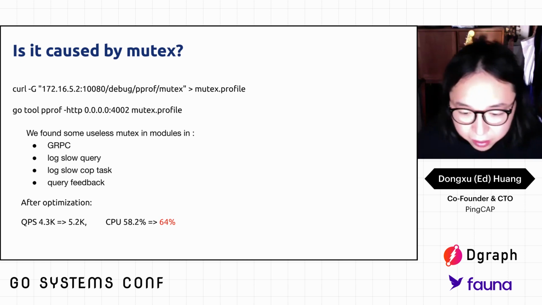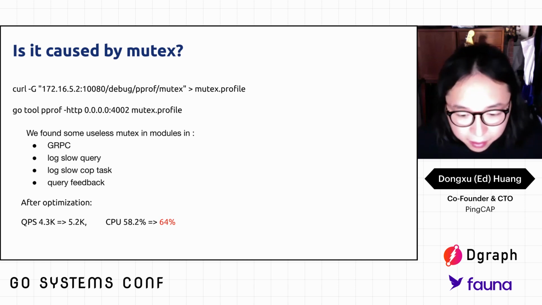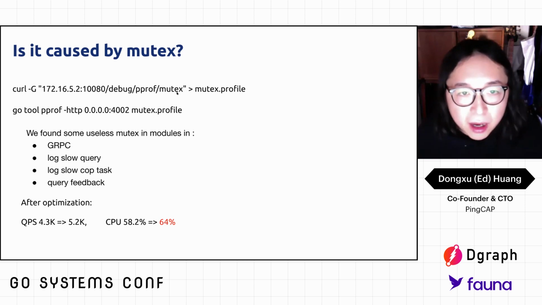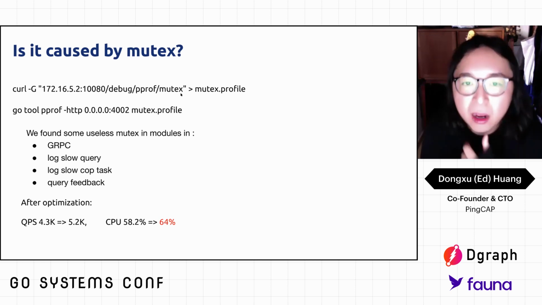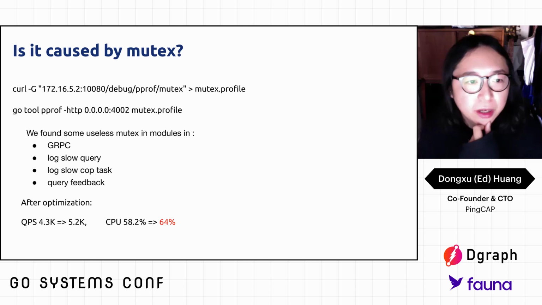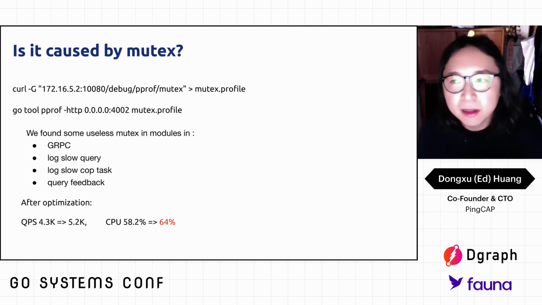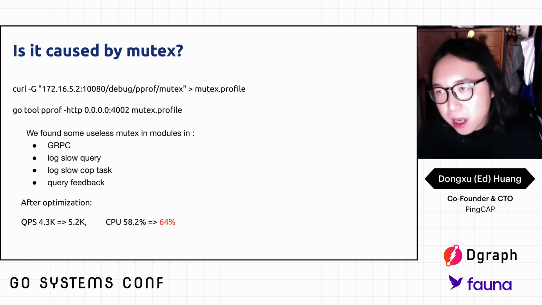So we used pprof mutex to check the mutex usage in our application, and we found some useless mutex in some of our modules, and we fixed them.